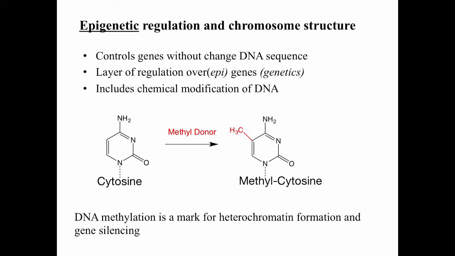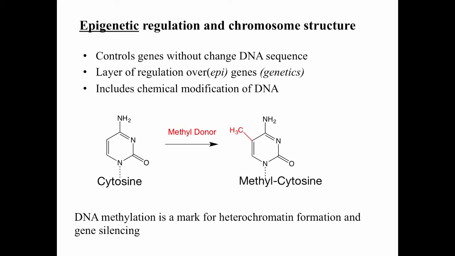Epigenetics includes, first of all, the chemical modification of DNA. There are lots of modifications, but for example, cytosine of DNA can become methylated to make methylcytosine. And usually DNA methylation is a mark for heterochromatin formation and gene silencing.